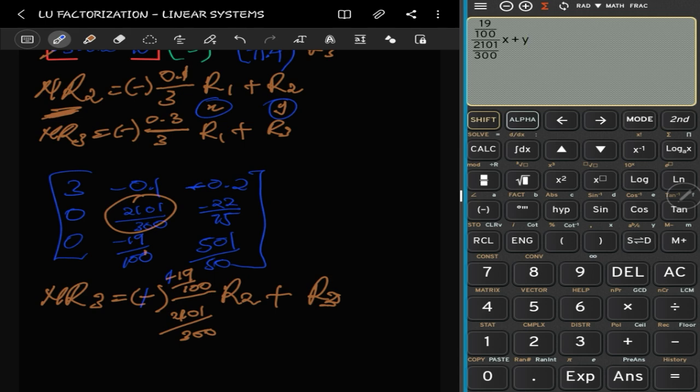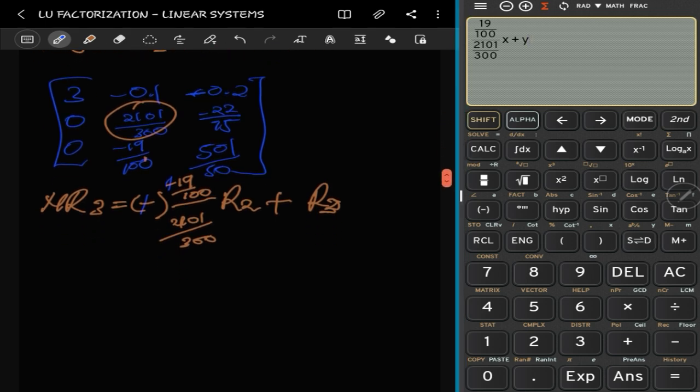So the first one helps us check that the equation we are punching is the right thing. Basically, first row remains the same, minus 0.1, minus 0.2. Row 2 remains the same, 0, 2, 1, 0, 1 on 300, and then we have minus 22 on 75.